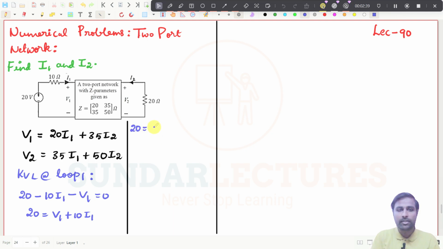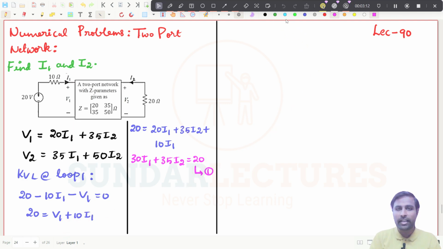So 20 will be equal to 20 I1 plus 35 I2, this is V1 we have written, and then plus 10 I1. Now this is the equation, and you can add the two I1 terms. So the expression will be 30 I1 plus 35 I2 equal to 20. Make this equation number 1.